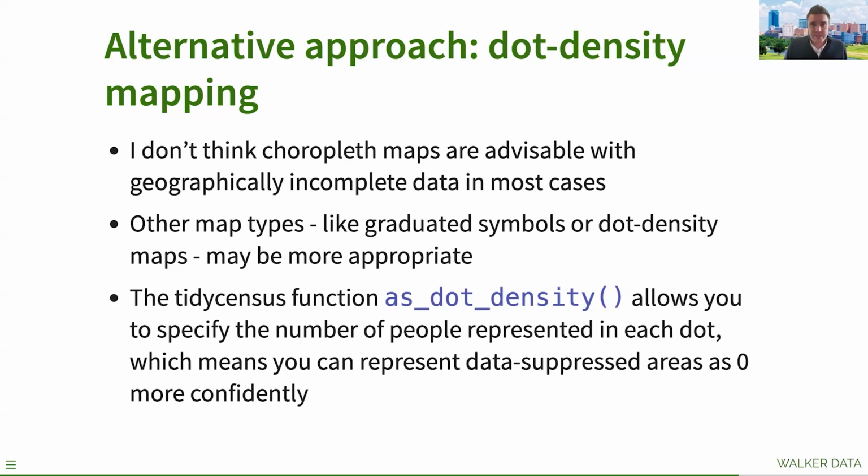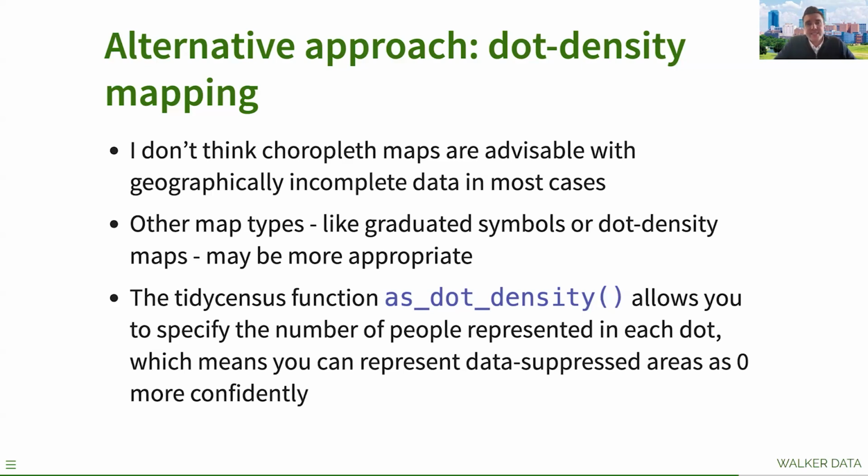Something that I like for geographically sparse data is what's called a dot density map, which instead of showing the census tracts themselves, you scatter dots proportional to, say, a population size within those tracts. And then you can use heuristics in your data to account for the data sparsity.